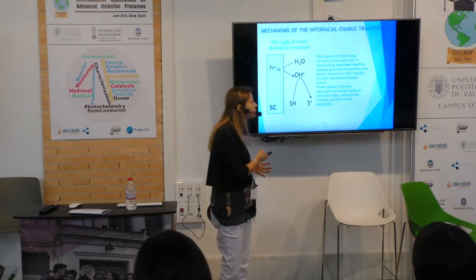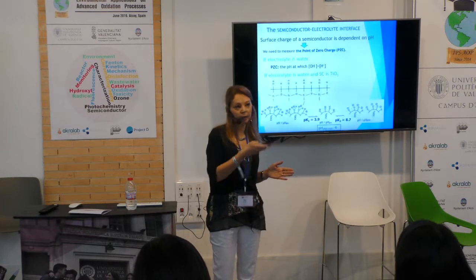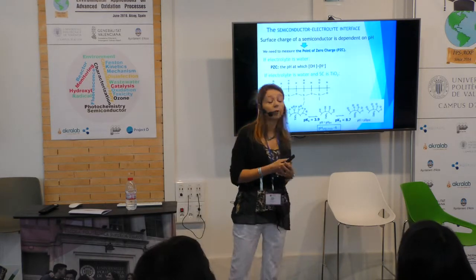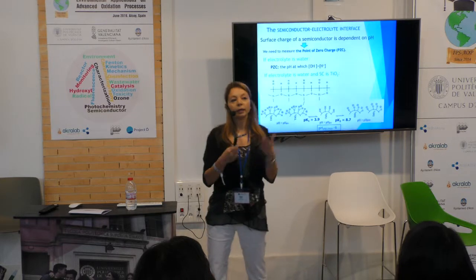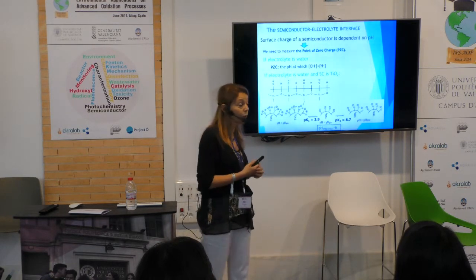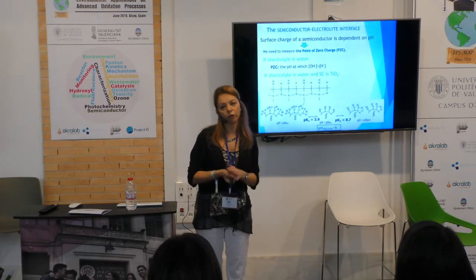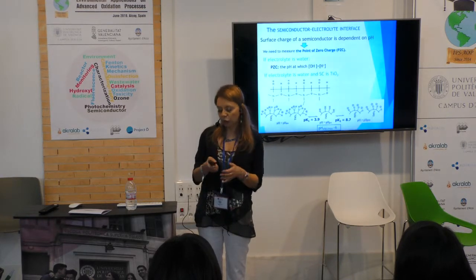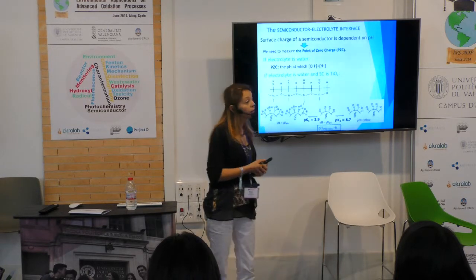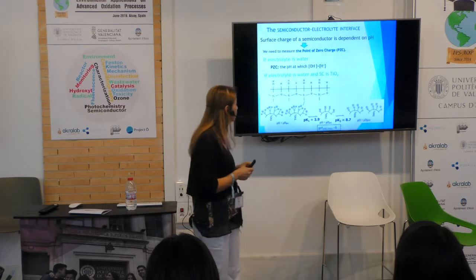But when we are looking at what happens at the semiconductor-electrolyte interface, we also have to remember that all these reactions are, of course, dependent on pH, and so we have to know exactly what the charge of the semiconductor is. For this, it's important to know the point of zero charge of our semiconductor.